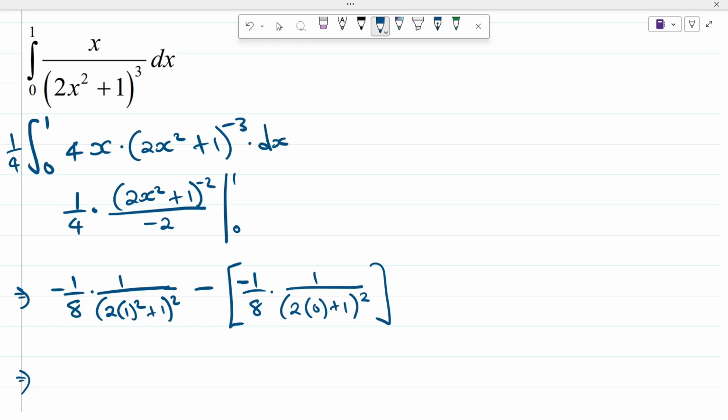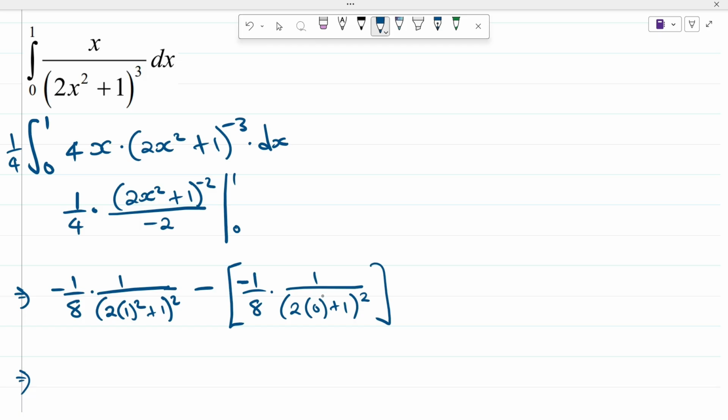So yeah, this is going to be minus, so I'm using my calculator right now. Just a second: 1 over 8 into 2 into 1 squared plus 1 squared, minus minus 1 over 8 into 2 into 0 squared plus 1 squared.